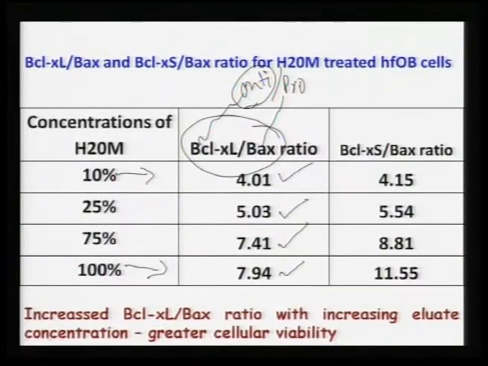It means there is more expression of the anti-apoptotic gene with respect to the pro-apoptotic gene. That means the cells will not undergo the normal apoptotic process if you increase the concentration from 10 to 100%, simply because of the abundance of the anti-apoptotic gene, which will restrict the cells from undergoing the normal apoptosis process.